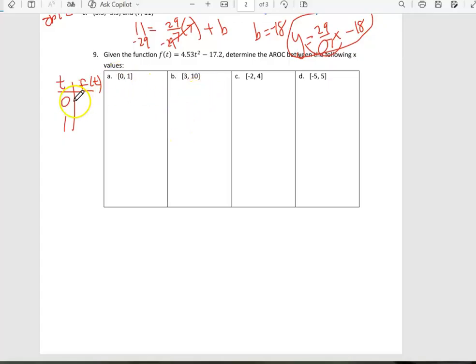So if you put 0 in for the function, you get negative 17.2. Okay? If you put 1 in there, that's where I got to get a calculator out. 4.53 times 1 squared, which obviously is 1, minus 17.2, so negative 12.67. You try to be as accurate as possible when you're doing these calculations.